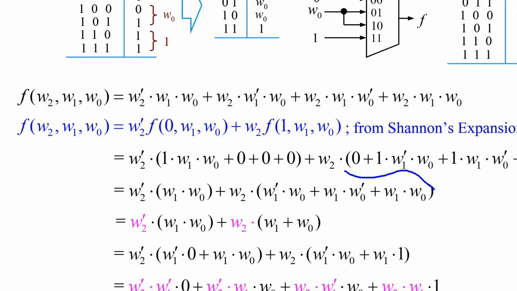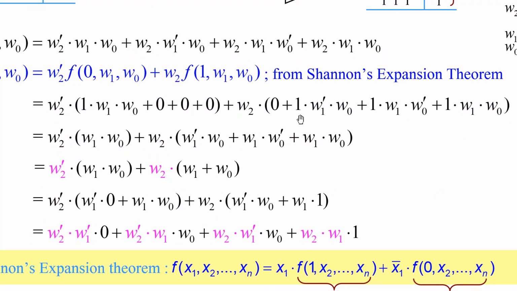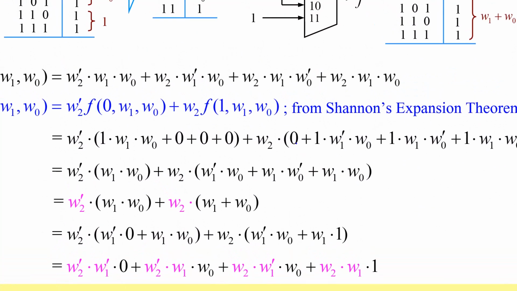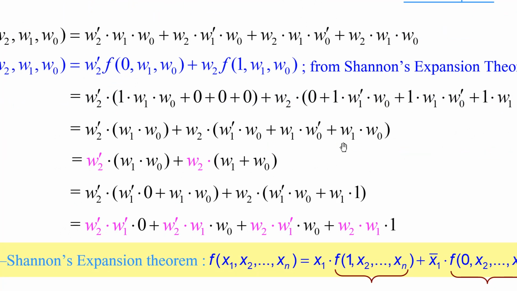And for this, you just apply 1 to W2. W2, 1 at here, 1 at here, 1 at here, and 1 at here. 1 prime becomes 0 at this term, and another term becomes this. So it becomes this one.